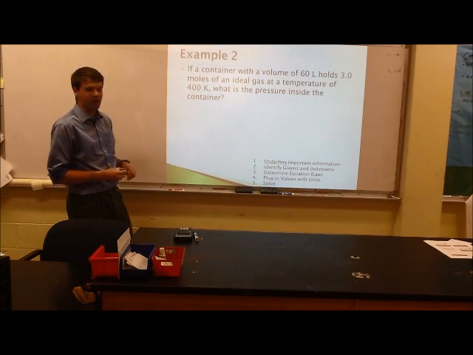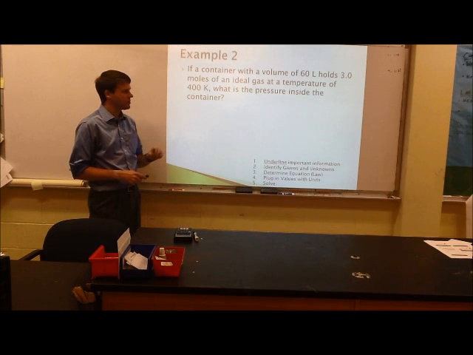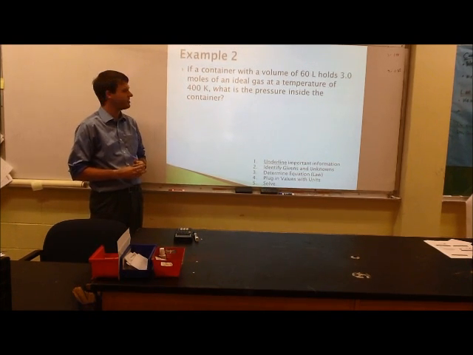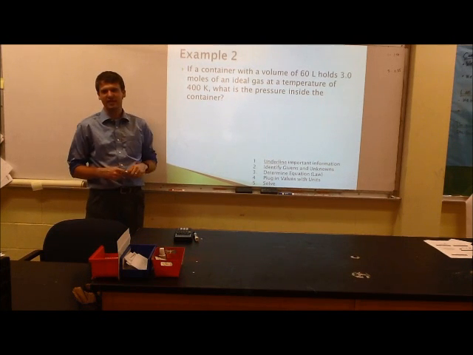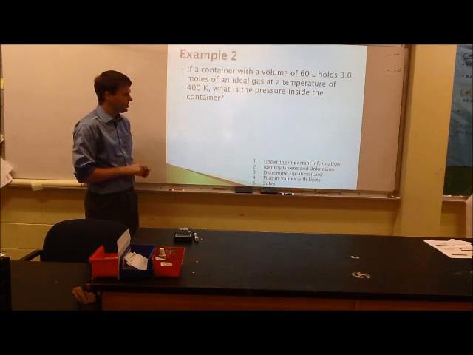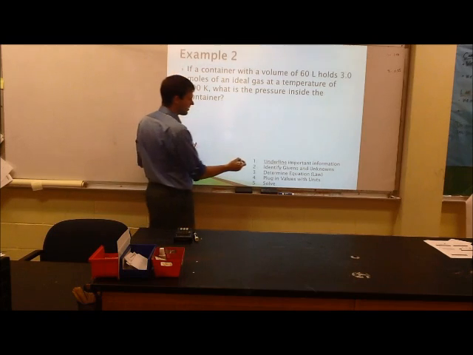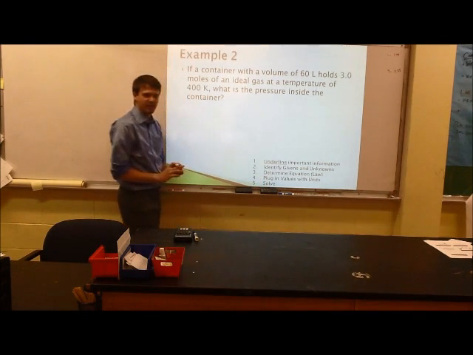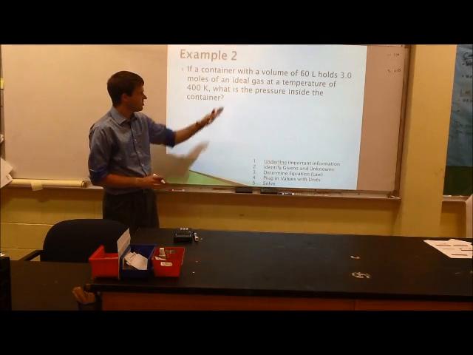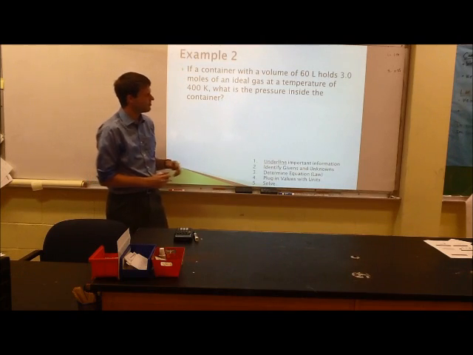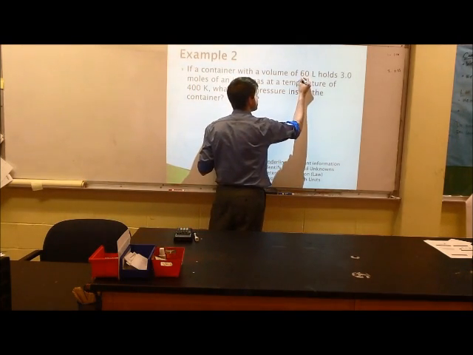If a container with a volume of 60 liters holds 3.0 moles of an ideal gas at a temperature of 400 Kelvin, what is the pressure inside the container? So remember, the first thing that we're going to do is underline important information. First thing I see is volume, 60 liters.